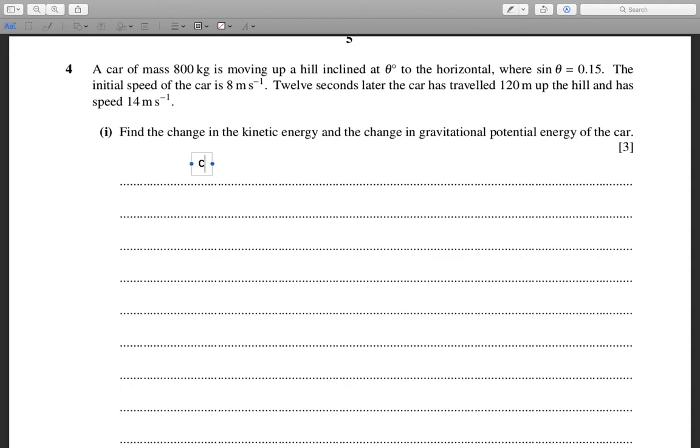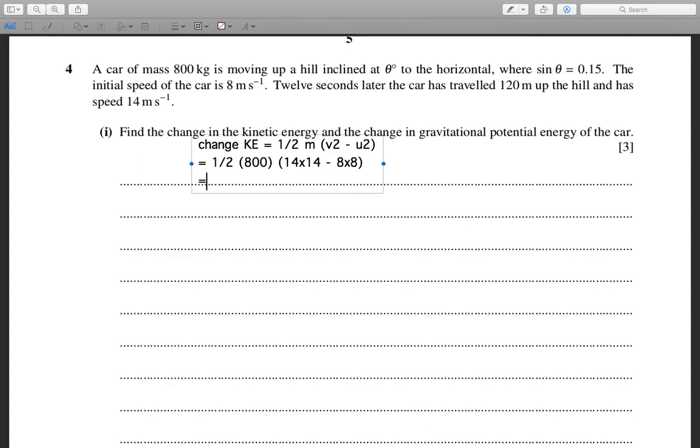The change in kinetic energy is a half mass times v square minus u square, which equals a half times 800 times v square, 14 times 14, minus initial 8 times 8.